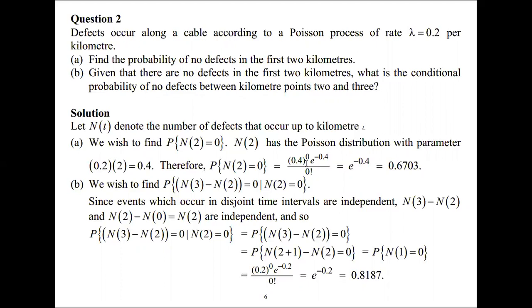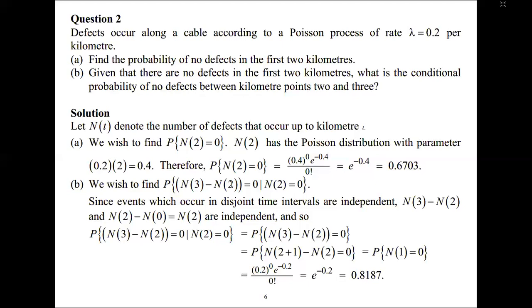Great. Then the B part says, given that there's no defect in the first 2 kilometers, what is the conditional probability of no defect between kilometer point 2 and 3?